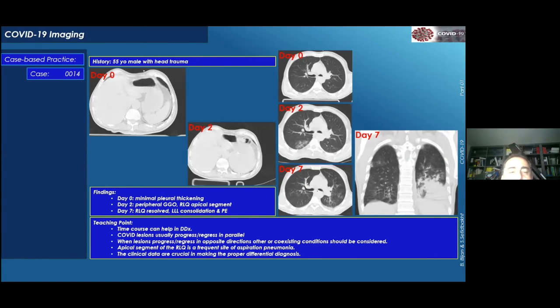So number one, the teaching point is important. Number two, if you do a follow-up, you see if the disease progress or regress is in parallel to the clinical finding.